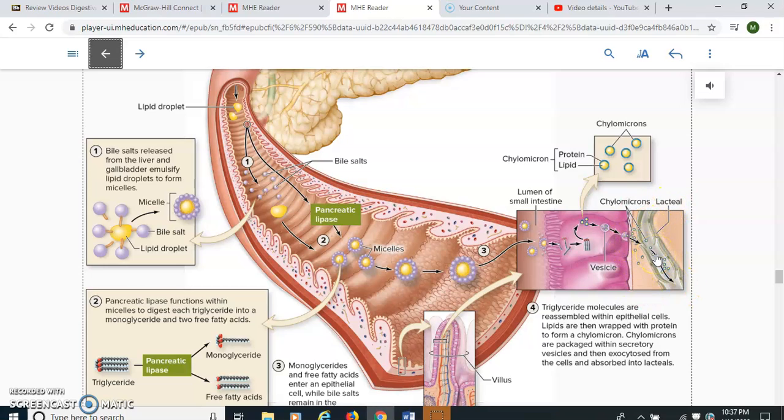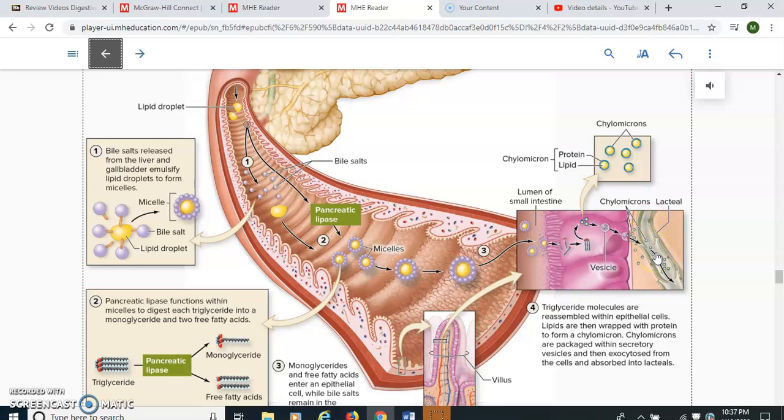That's how they make their way to the bloodstream. Those lymphatic capillaries merge into bigger ducts until they drain into the thoracic duct, which then drains into the left subclavian vein.